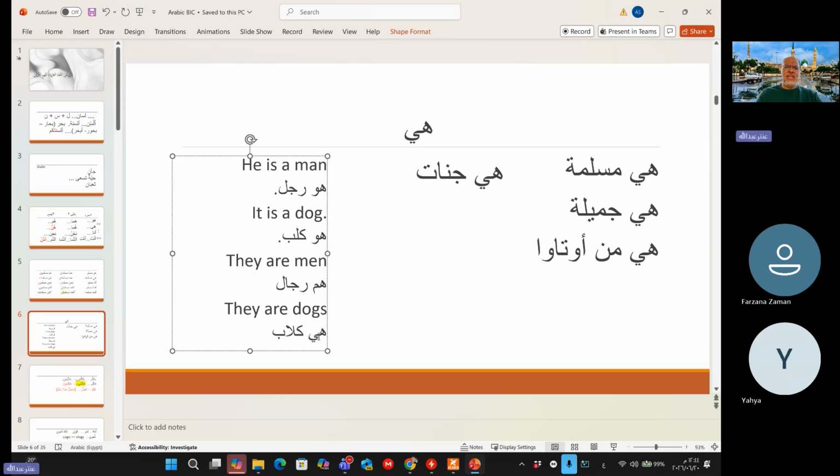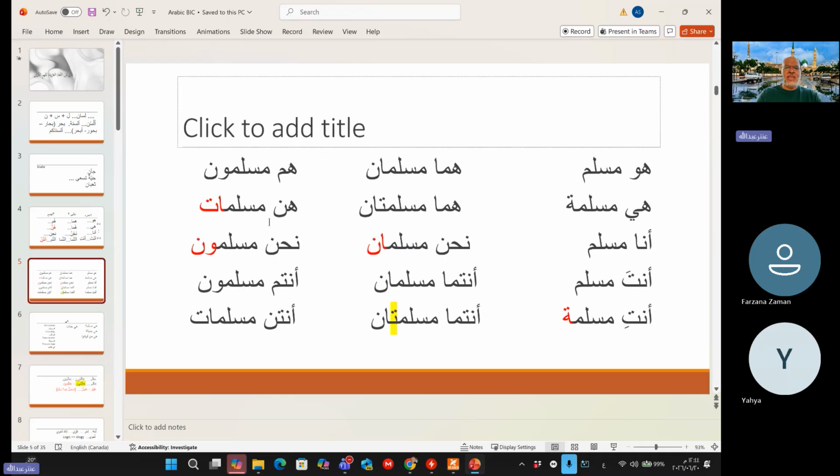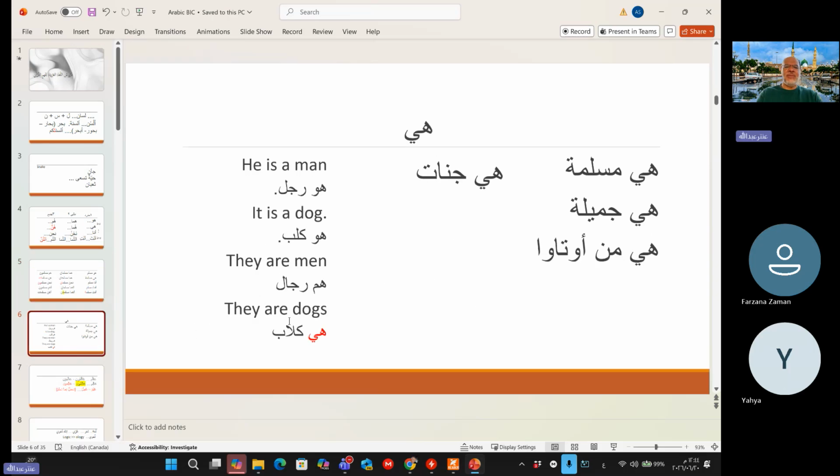And now this is a pronoun that we do not use with the plural. I mean, we have looked at the plural pronouns, and we do not have hiya there at all, because this is another use of hiya. We use hiya with plural inanimate, non-human. If it is plural non-human, whether male or female, we use hiya.